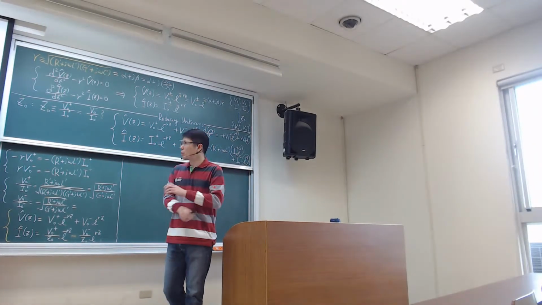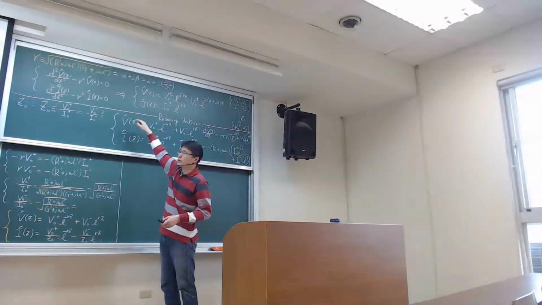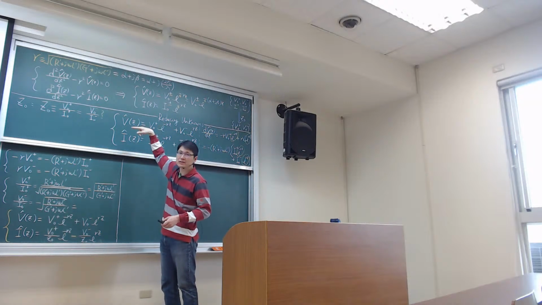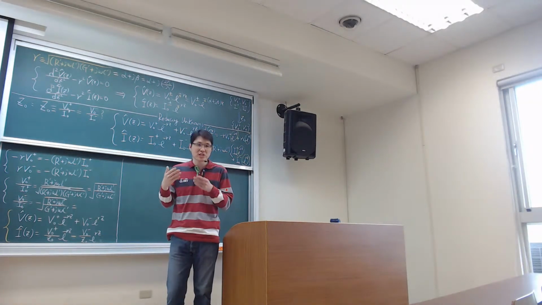Question from the student: what does the hat mean? Whenever I write a capitalized letter with this triangle called hat, it means I'm writing the parameter in the frequency domain using phasor representation.